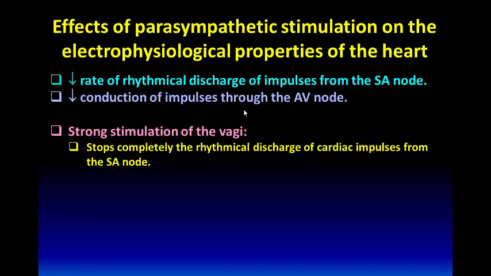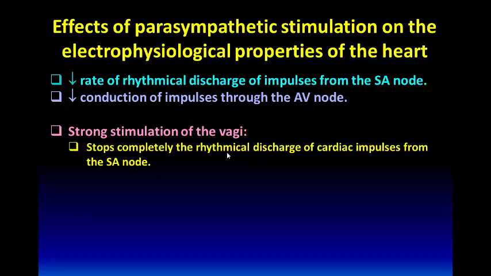So, when the vagi are strongly stimulated, this would stop completely the rhythmical discharge of cardiac impulses from the sinoatrial node, because it would take a very, very long time for the nodal cells to reach the threshold value, and they may not even reach the threshold value.